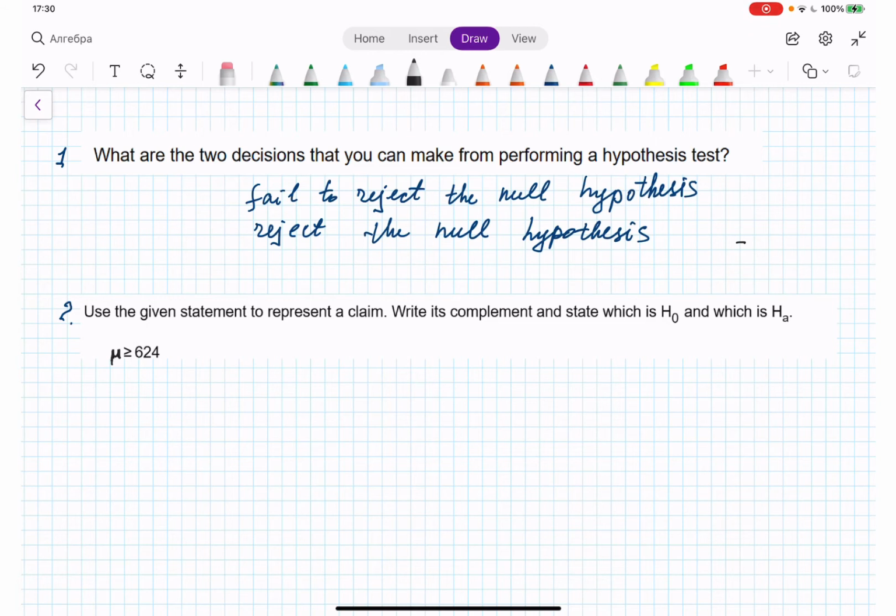Write the complement and state which is the null hypothesis and which is the alternative hypothesis. When we have a greater, the complement is going to be less, right? If we have less, the complement is going to be greater. So since we have mu greater than or equal to 624, the complement is going to be mu less than 624.